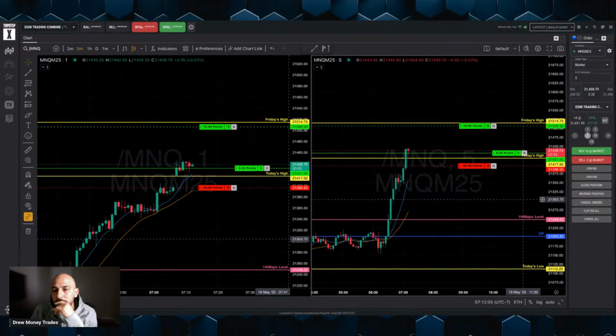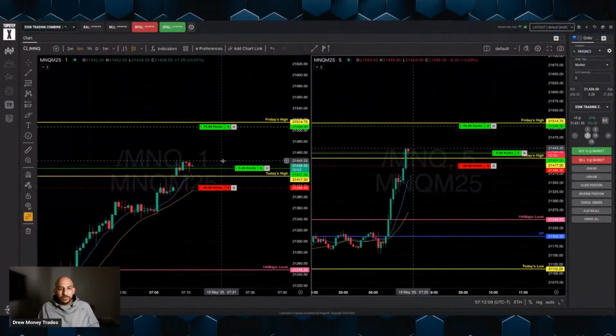It's holding above today's high. But I also need it to break here now, 45. Once it breaks here, I'll feel more confident in the trade.